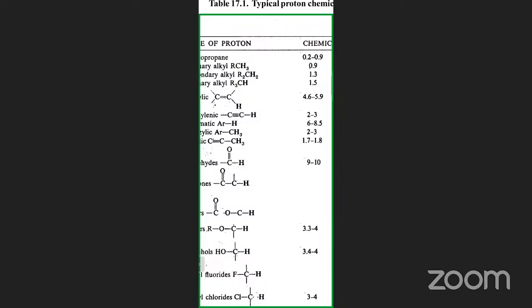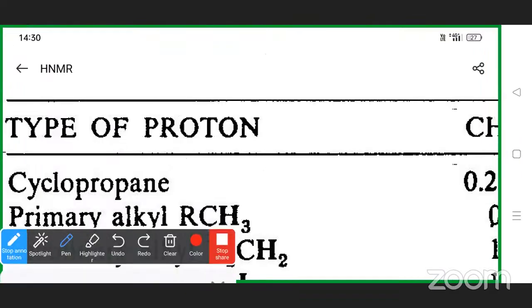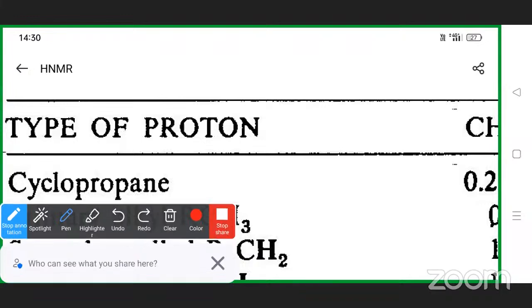From top to bottom: the primary carbon proton, secondary alkyl proton, tertiary alkyl proton, then the vinylic means alkene protons. Here is the alkyne proton.